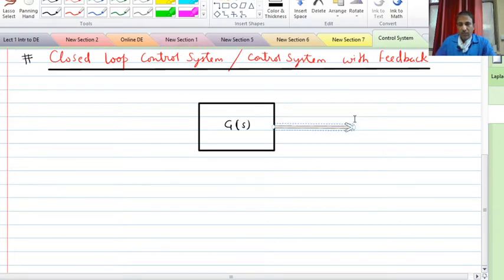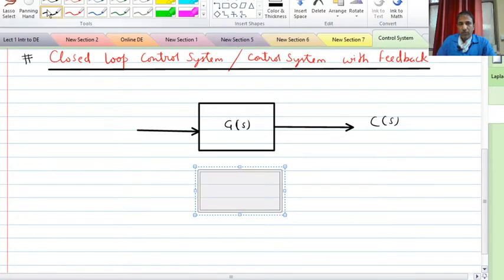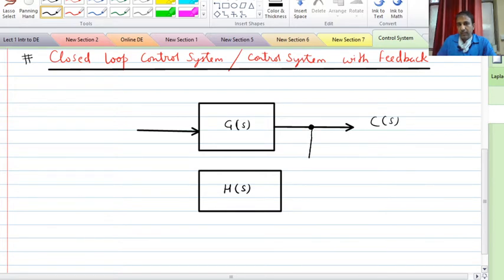Here this is C(s), and in this case we have also included a feedback block whose transfer function is H(s), and we have taken a signal from this side and connected it in this way.